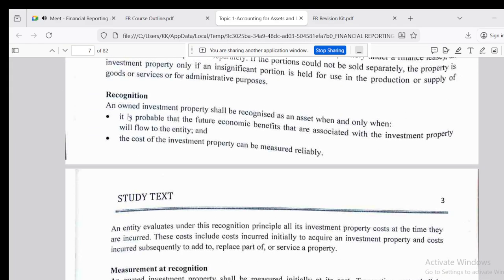So an owned investment property shall be recognized as an asset when and only when. So just write recognition.